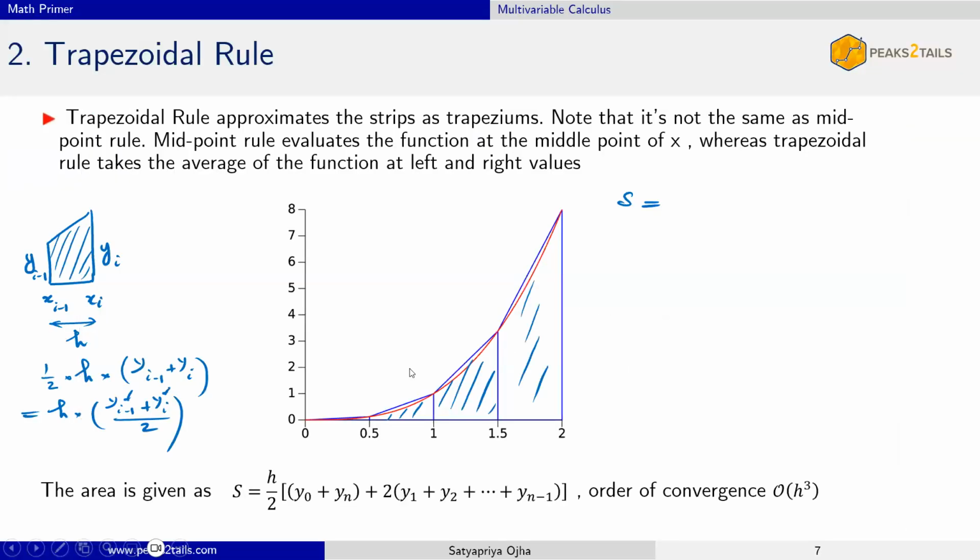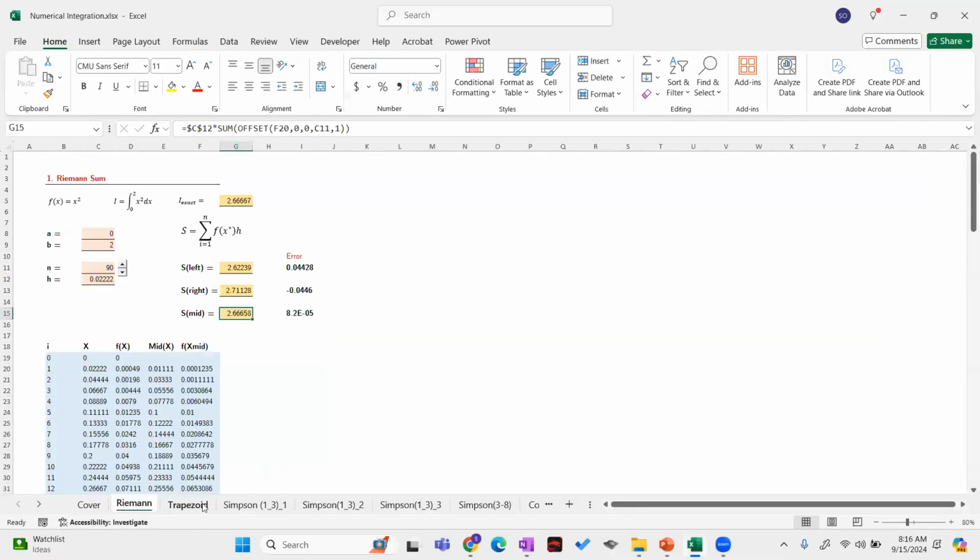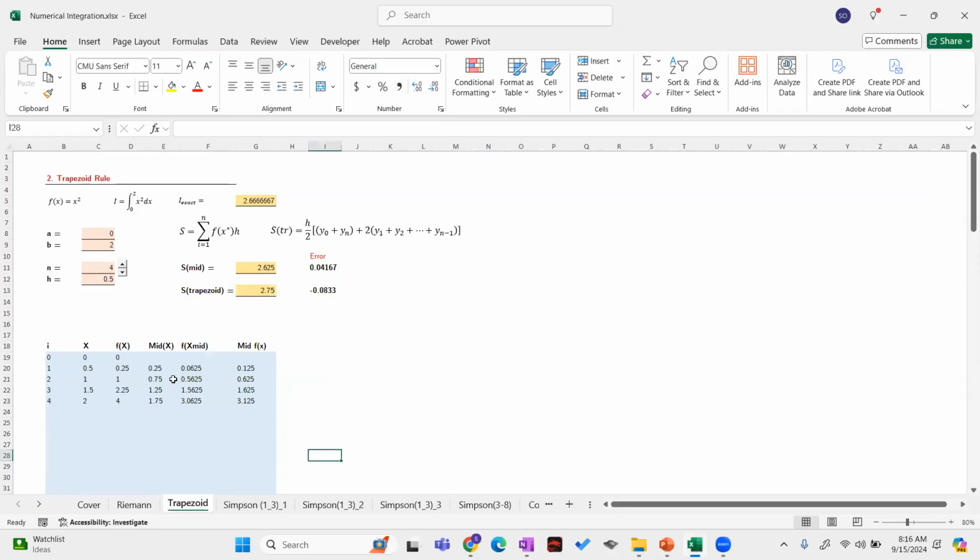It's very easy, straightforward stuff. So for the trapezoid rule, again, four steps, same integral. This is my formula. We don't need this; this was for the midpoint rule. We need the average of f of x.